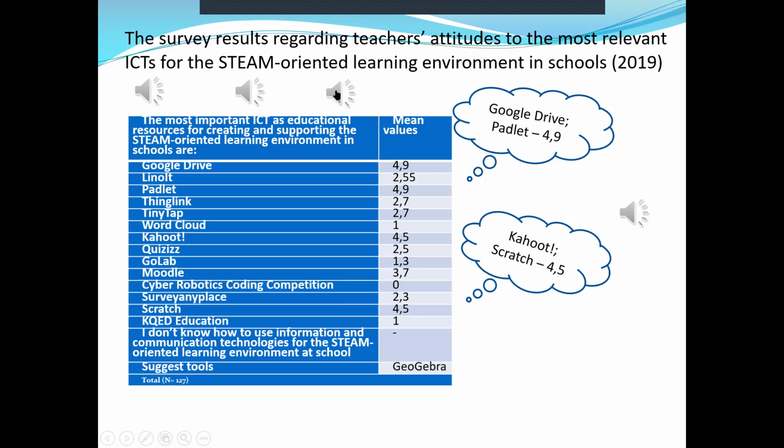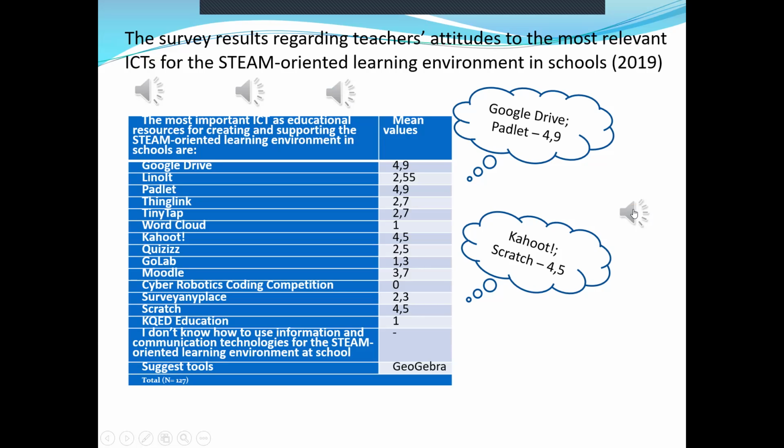127 respondents reported on which information and communication technologies tools they would prefer for the creation and using of the STEAM-oriented learning environment in schools. The participants evaluated the proposed ICT by using a 5-point Likert scale ranging from very undesirable, 1, to very desirable, 5.